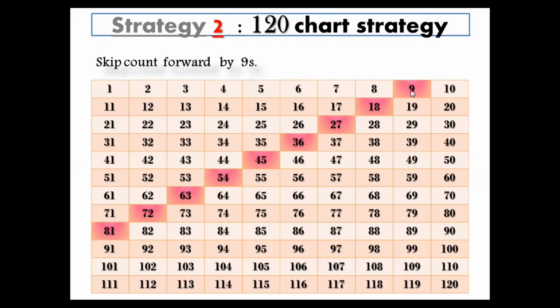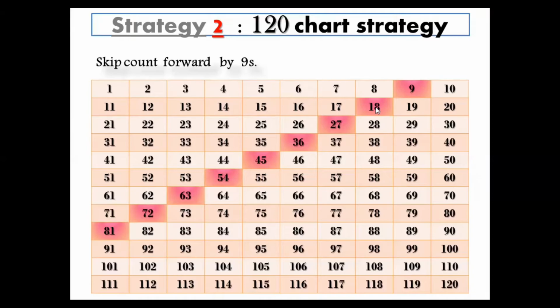If I want to get the product of 9 by 2, 9 more again. After 9, 1, 2, 3, 4, 5, 6, 7, 8, 9. So the product of 2 by 9 equals 18.